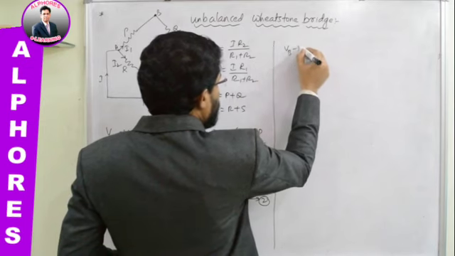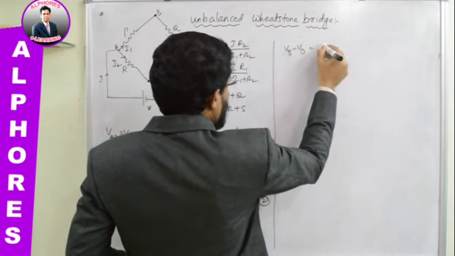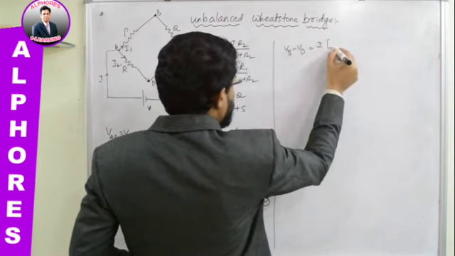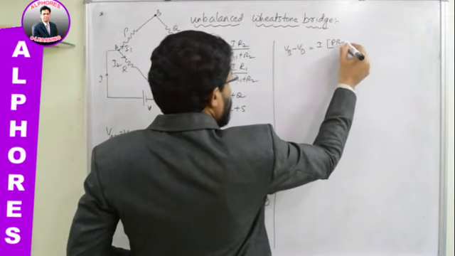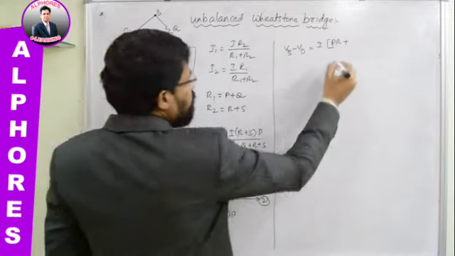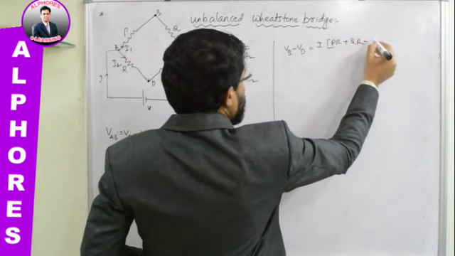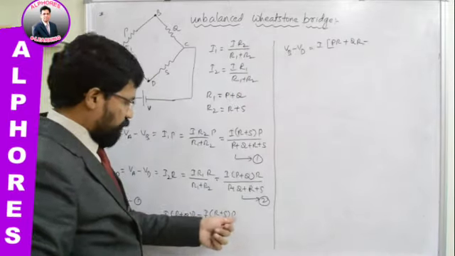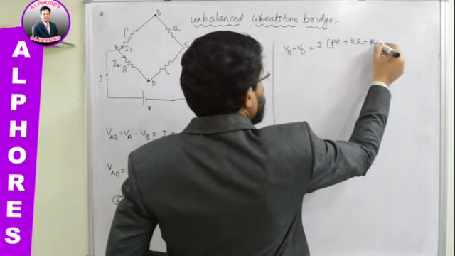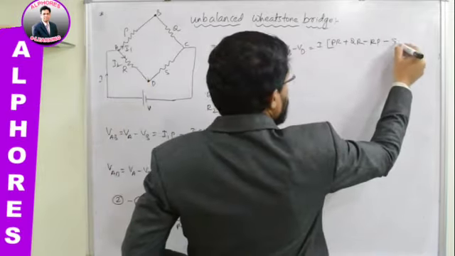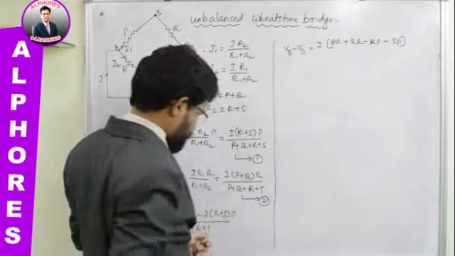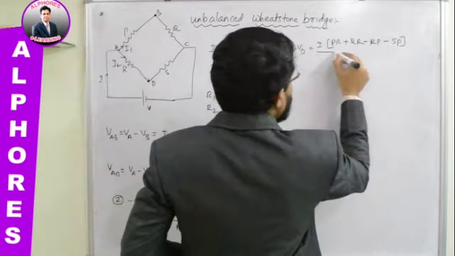VB minus VD is equal to, what you will have? I into PR plus QR minus RP minus SP, right? So in the denominator what you have?